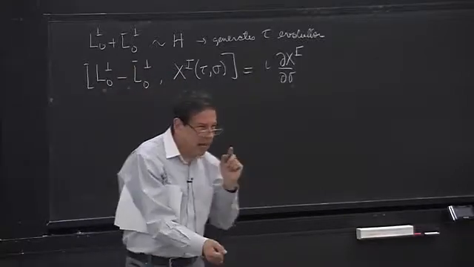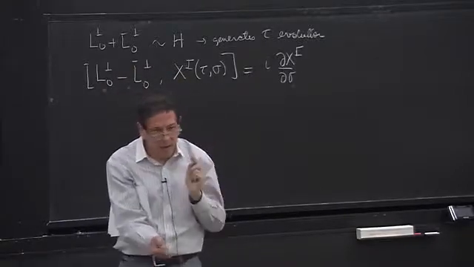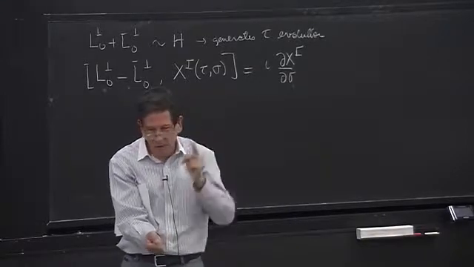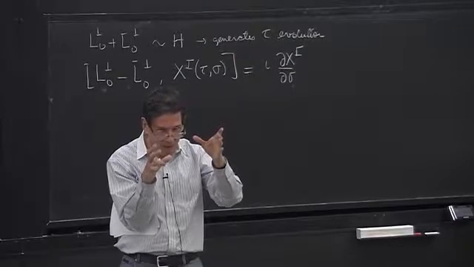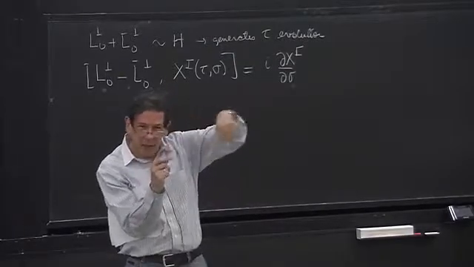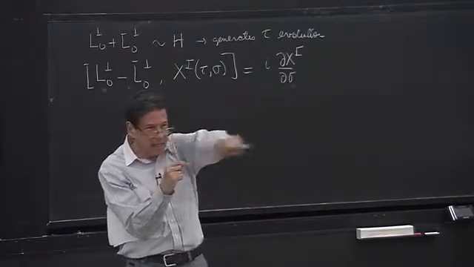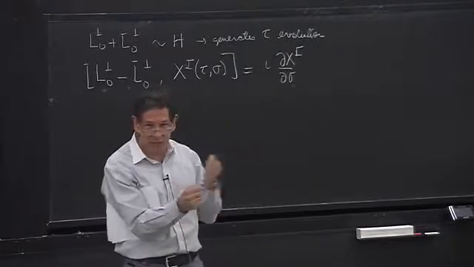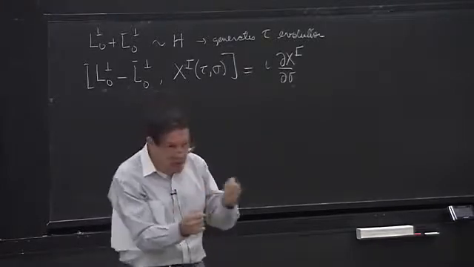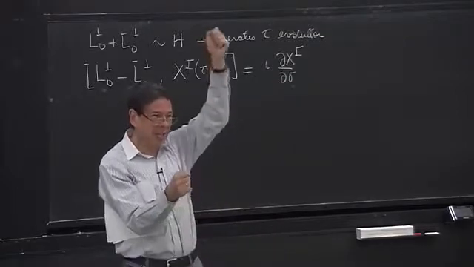People say L0 plus L0 bar is d d tau, so it's energy in the two-dimensional world. L0 minus L0 bar generates sigma translation, so it's the momentum generator in the world sheet. Nothing to do with momentum in space-time.